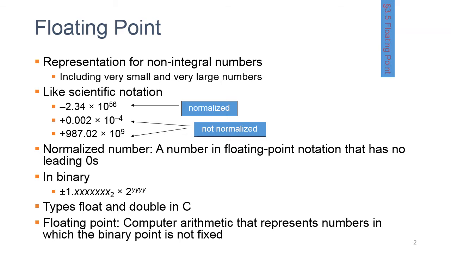In this slide, we see that minus 2.34 times 10 to the power 56 is a normalized number. On the other hand, 0.002 times 10 to the power minus 4 or 987.02 times 10 to the power 9 is not a normalized number.